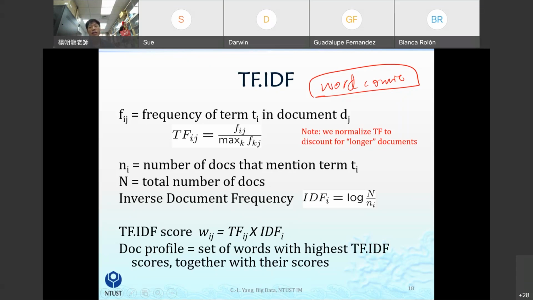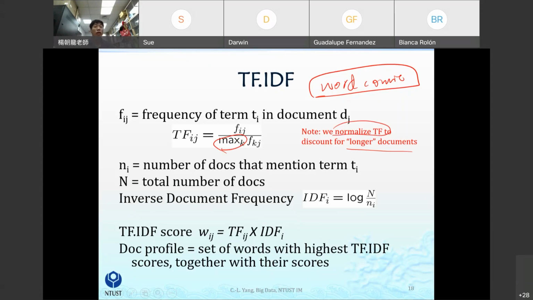So we got a frequency, and here I just want to normalize it. You find a maximum for a particular item, a particular word, across all the documents. So we normalize it to discount for the longer document. Why do I want to have it? Some documents are very long compared to others.